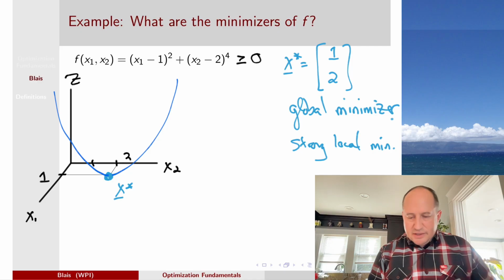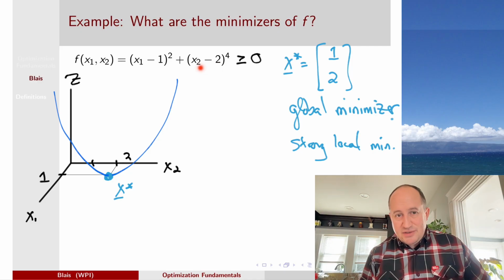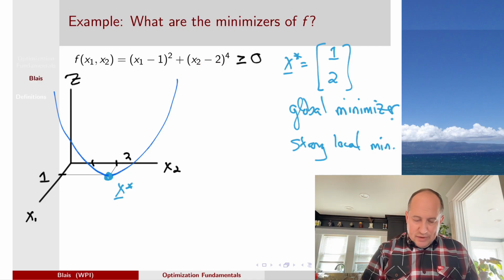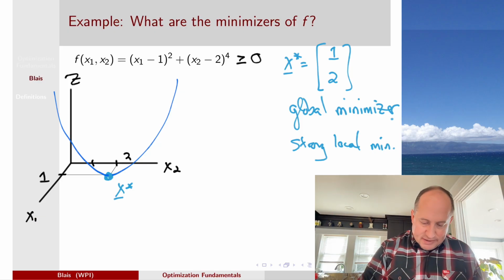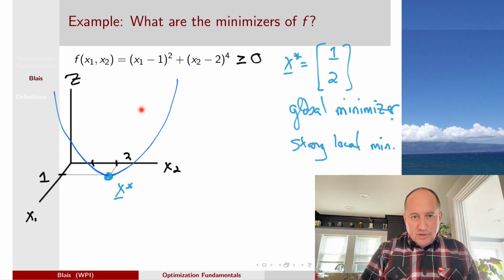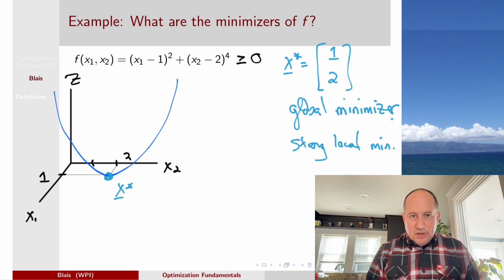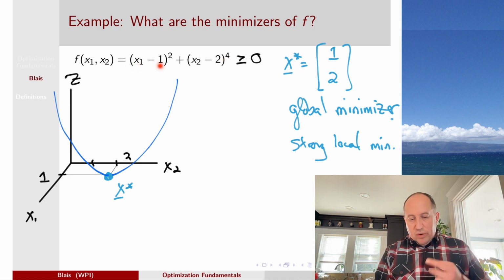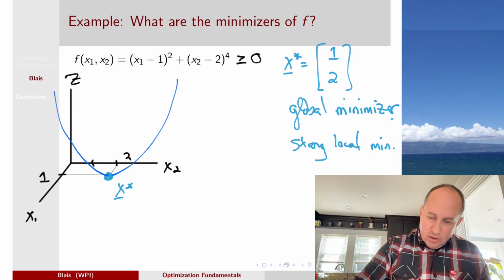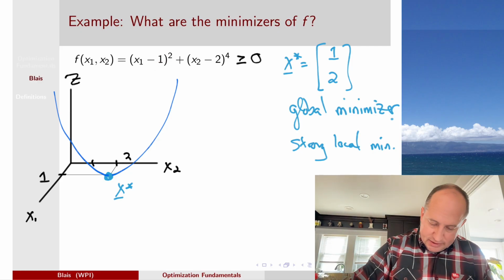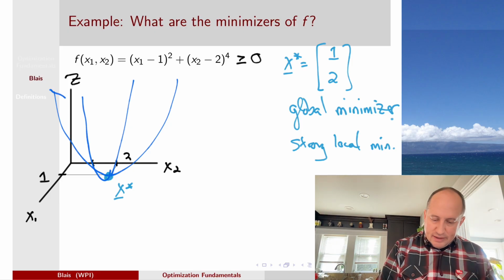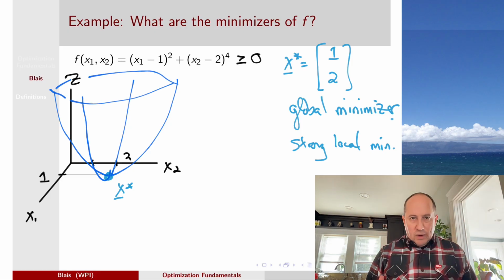And then if you slice through with the plane x2 equals 2, so now think of the plane that's parallel to the x1z plane here at 2. x2 equals 2 knocks out this term, and you would get z equals x1 minus 1 quantity squared, which we know is also this upward opening parabola. And so you would get this paraboloid opening this way.